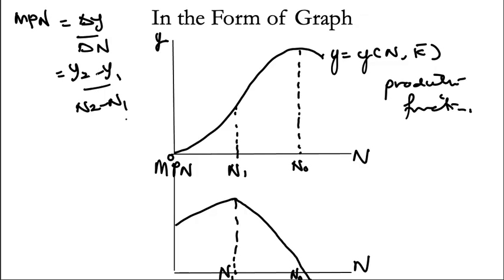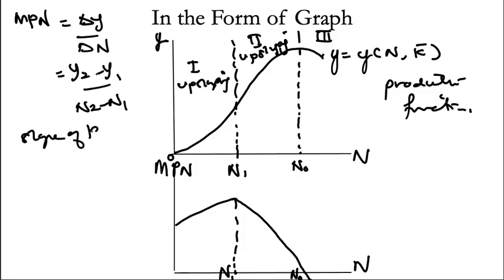Now what you can see here is that the slope in the first segment is upsloping, in the second segment also upsloping, and this is the third segment. But you know that in the first segment it is convex. So when it is convex, the slope increases at an increasing rate. How do I know? The slope of the production function is actually MPN.